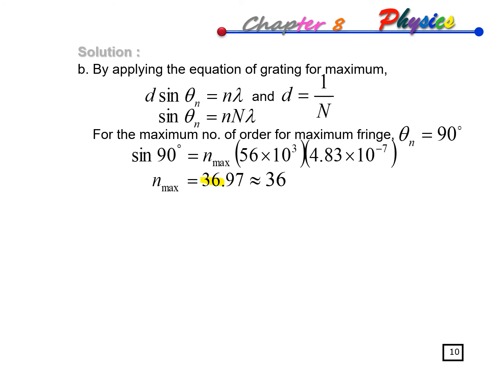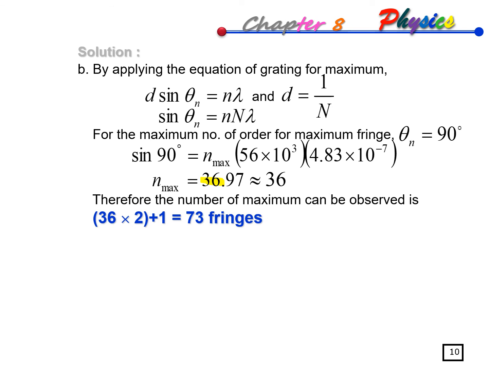This one is for one side, so for both sides, that means multiply by 2 and plus 1, where this one will be the central. Whenever we have calculation, central will become a reference, so you have to include central. This one applies only for bright fringes.